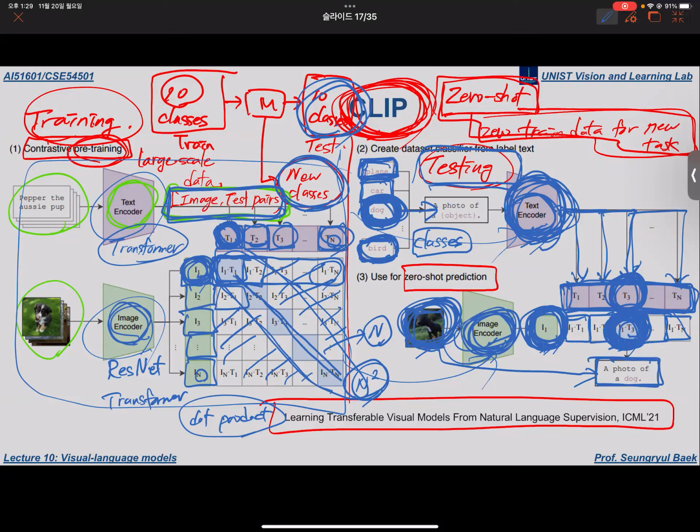In this way, even words which were not seen during the training can be output. So in that sense, we can achieve zero-shot prediction using CLIP.